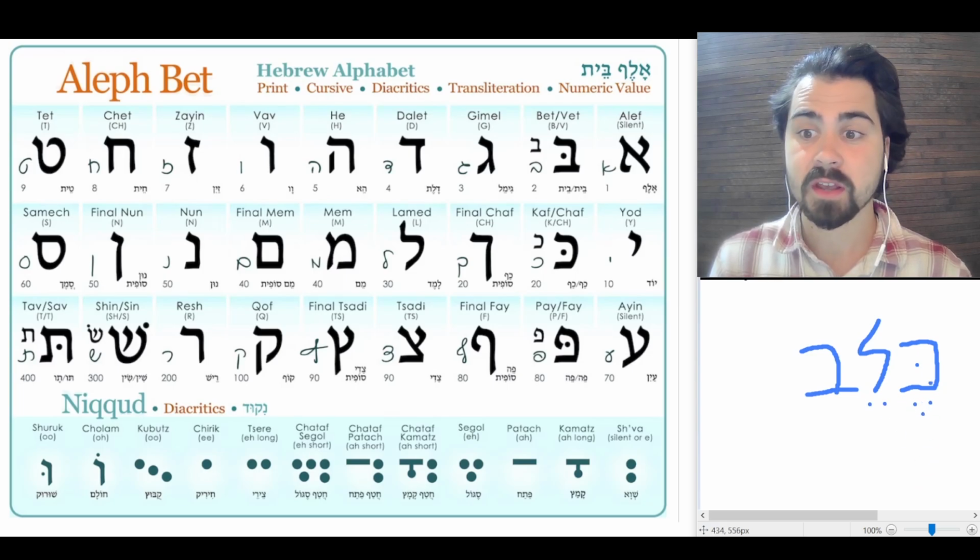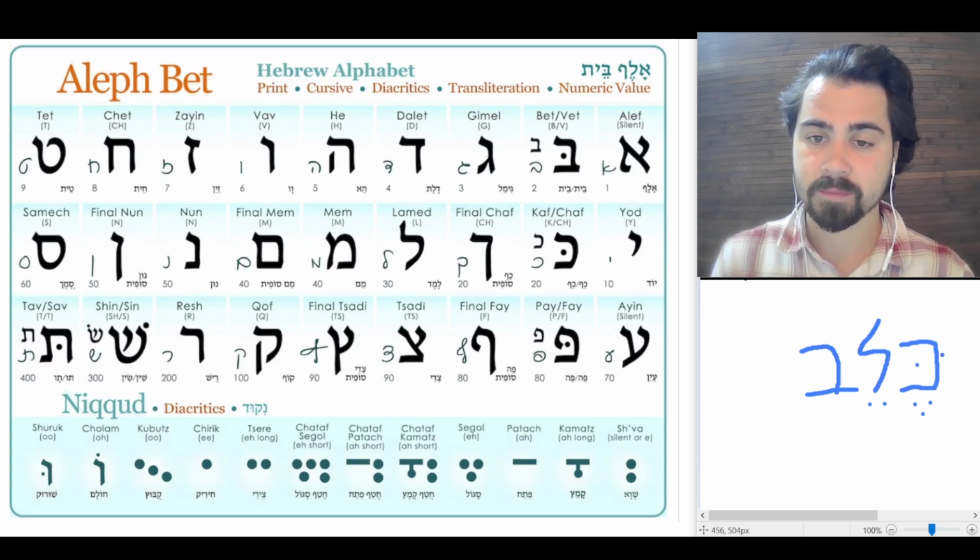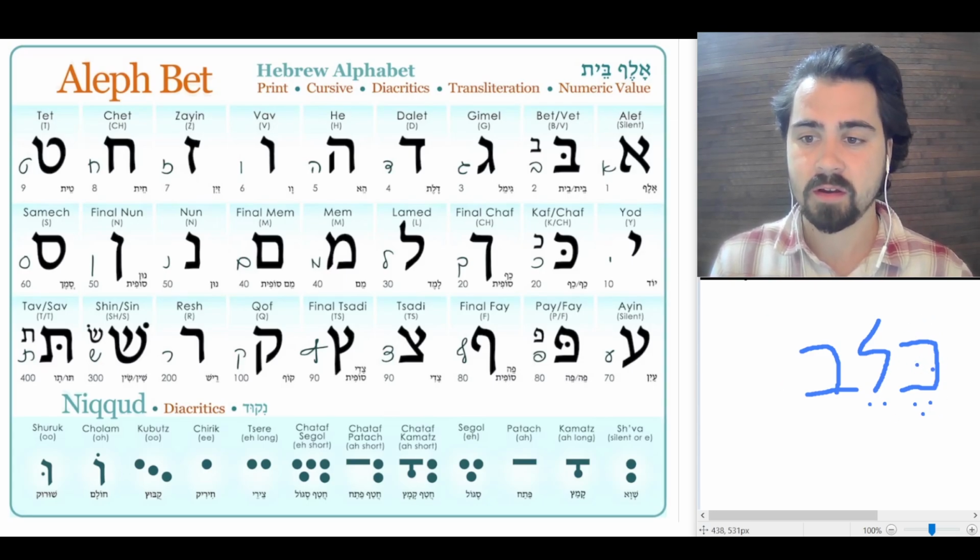Okay, so what do we see here? First letter, this is a Kaf, right? And is it a K sound or a Ch sound? Well, dot inside, it's a K. Great.